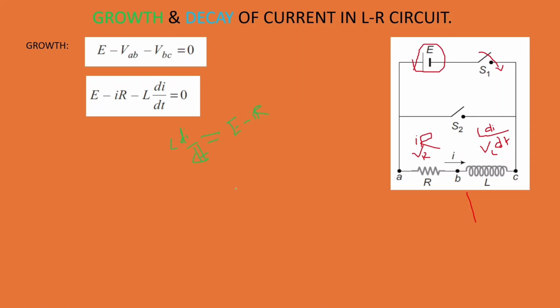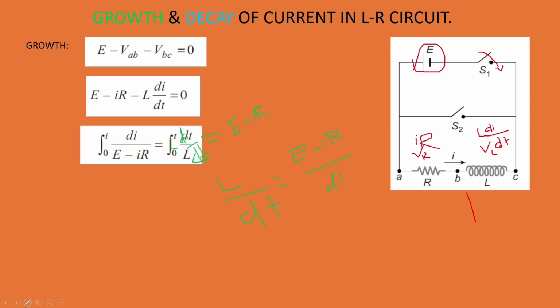Then we will find L by dt equals E minus IR by di. Okay, now after rearranging this, we will write this equation.